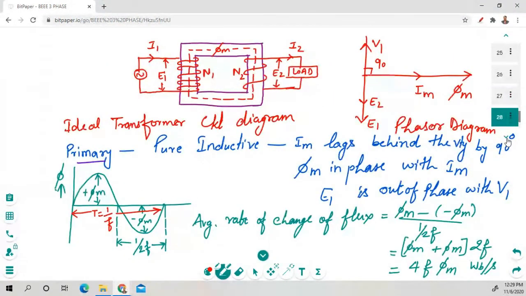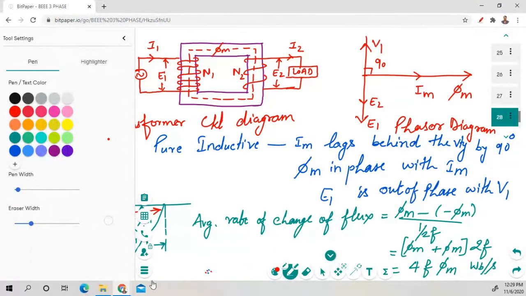So how can this transformer ratio or EMF ratio be calculated, and how will the EMF equations be derived? First of all, we have to draw the diagram of an ideal single phase transformer.